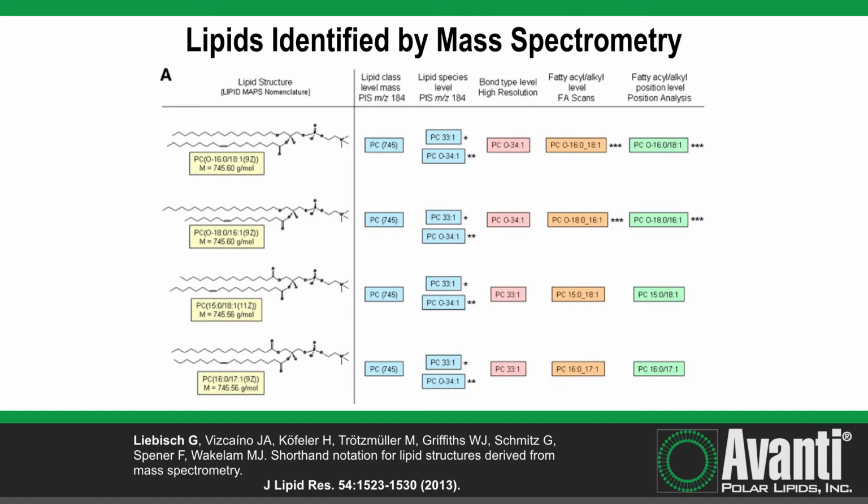You've only identified it's a phosphatidylcholine by the 184, which is the phosphocholine product ion. That allowed you to calculate that there was a glycerol backbone and a phosphocholine attached. You subtracted that from the measured mass 745, and from the difference between those numbers, you can guess it's either 33:1 or 34:1 ether.